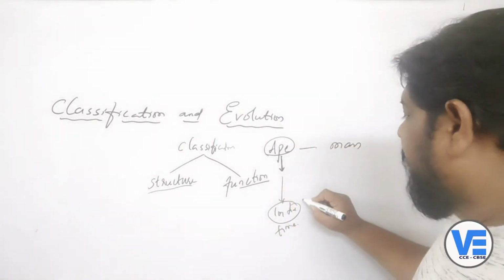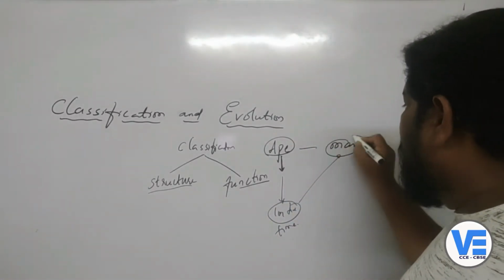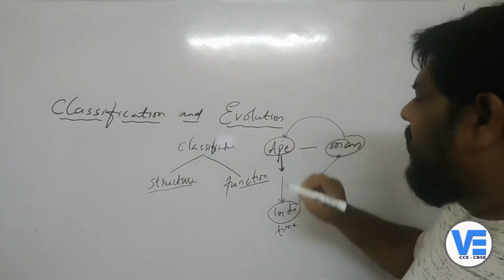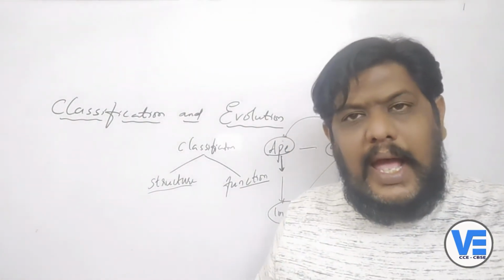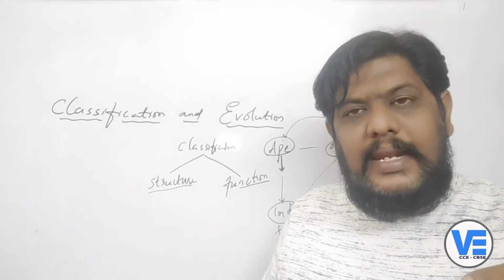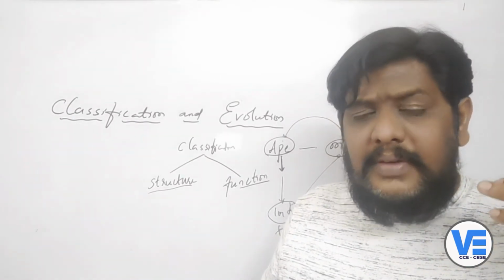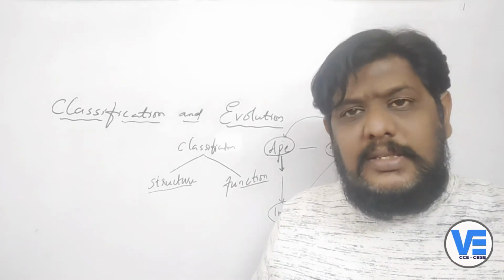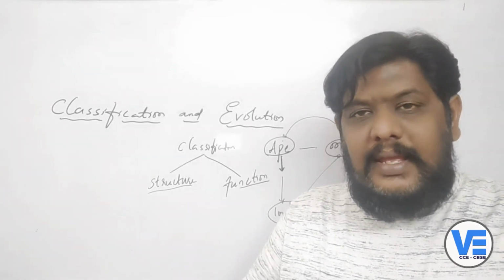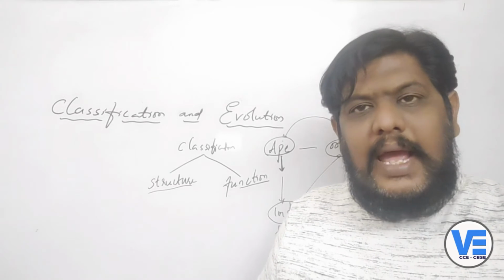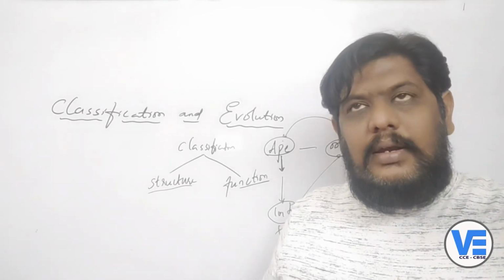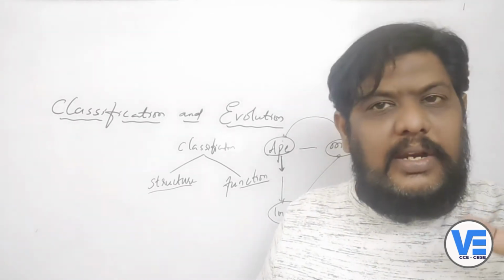Now if you see the same characters in the man, they are completely different from that of the ape. They are absolutely different in their way of behavior, the way they use intelligence, the way they have urbanization, the kind of attitude they have.